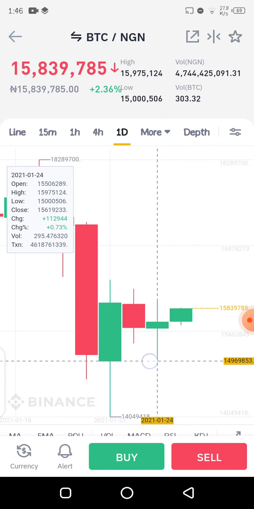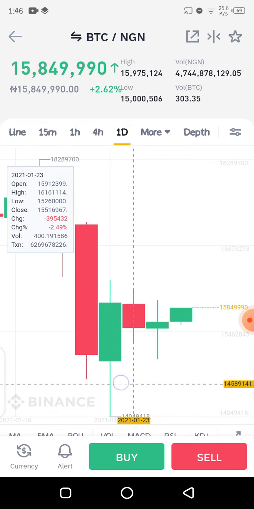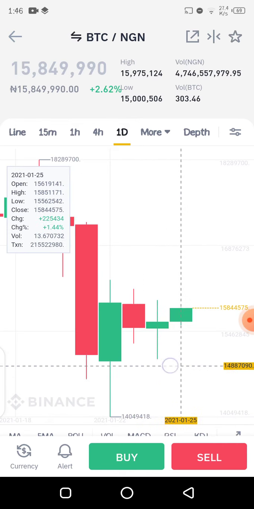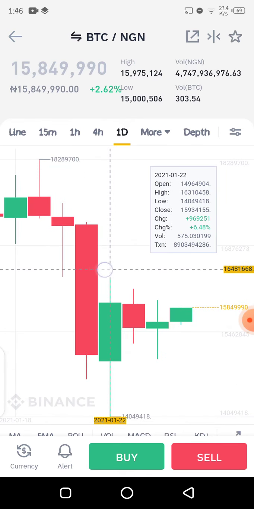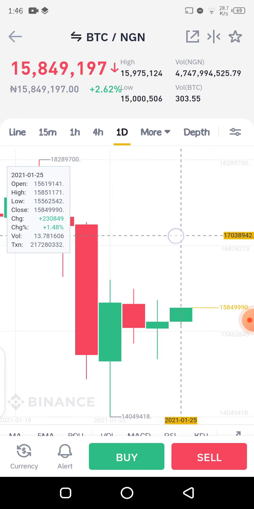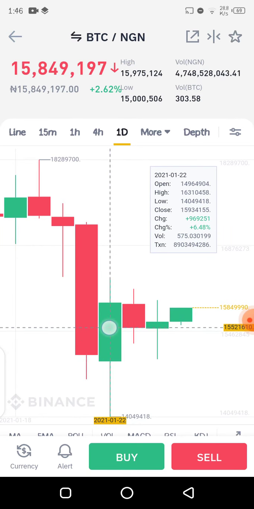If I drag it to this next one, it becomes 24. That means that's yesterday. If I drag it to the next one, that's 23, and on like that. So this little table that pops up left and right shows the details of the candle that I'm on.